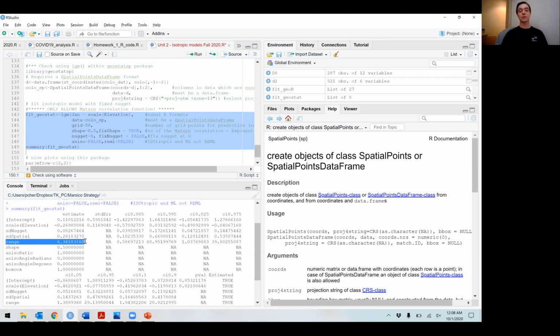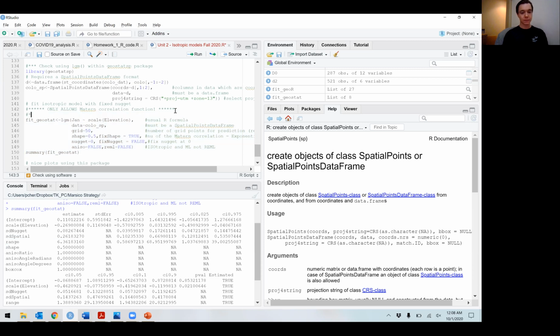Here is the range. And this range in this package, and I will write this down right here, is the effective range at a correlation of around 0.1. So if you read the reference documents of this R package, geostatsp, the author has made a number of useful judgment calls for us.